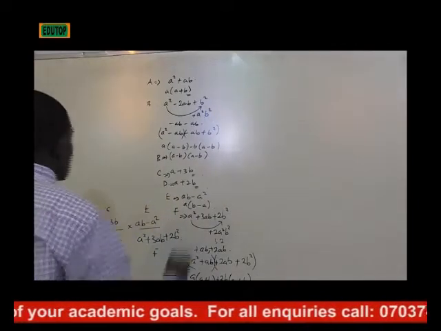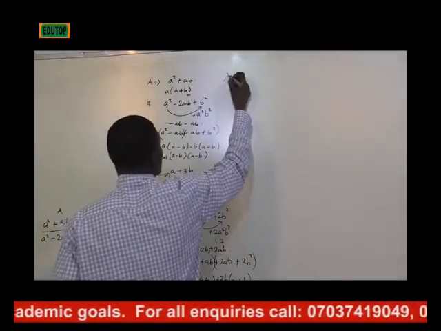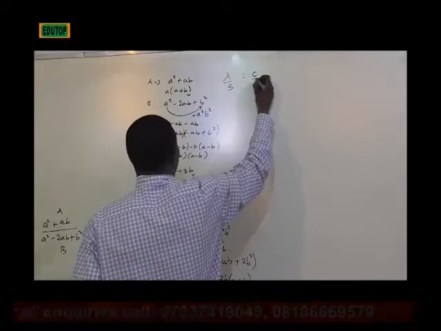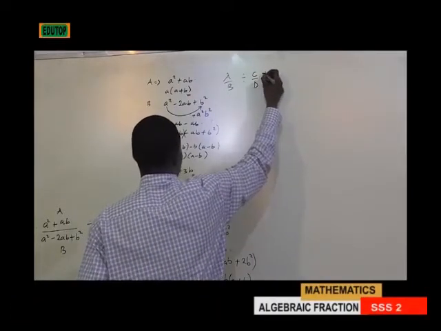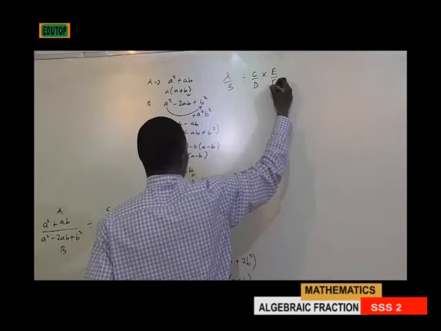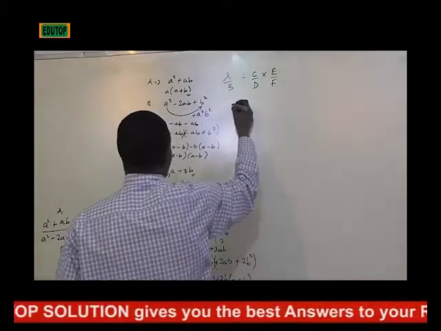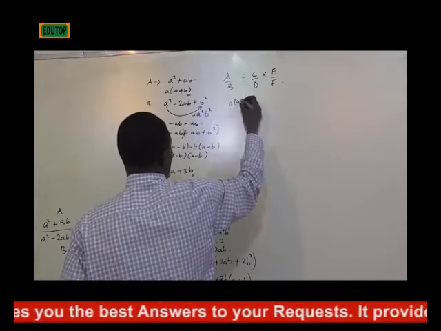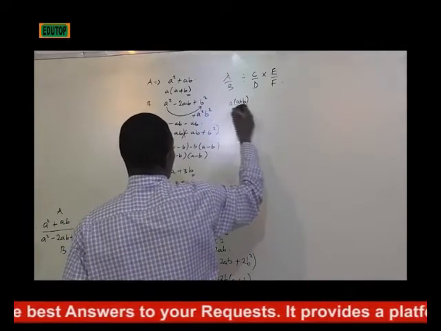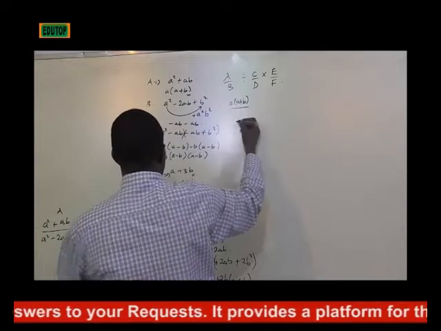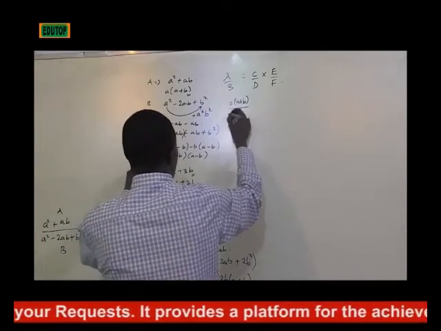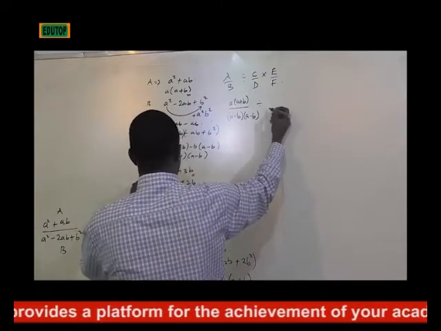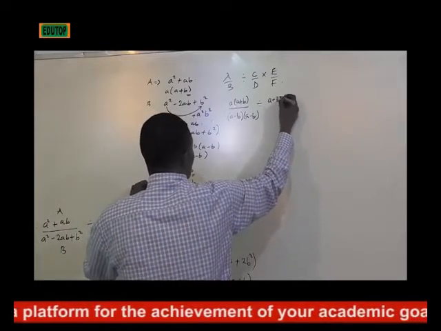So now, to resolve, we have A divided by B divided by C over D times E over F. What's A? A is a into a plus b over, what's our B? Our B is a minus b, a minus b, divided by C. What's our C? a plus 3b.